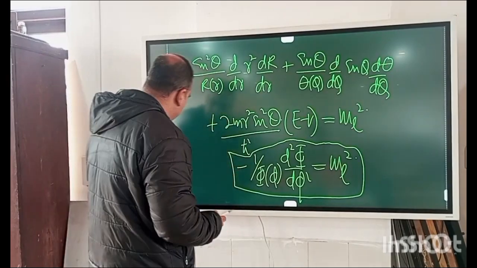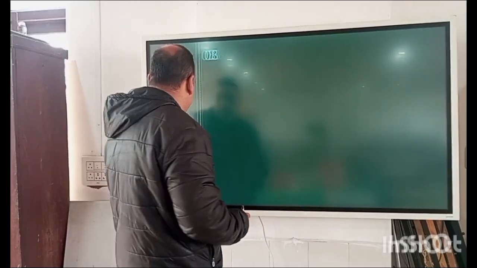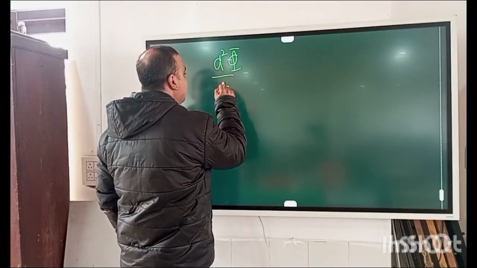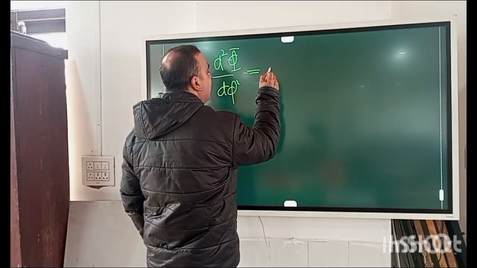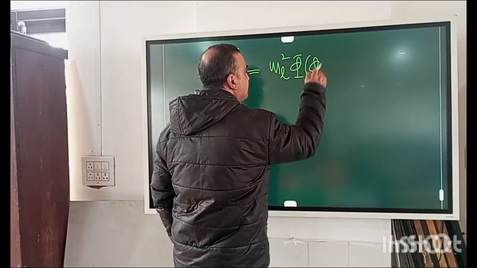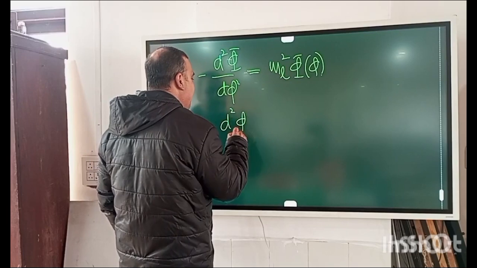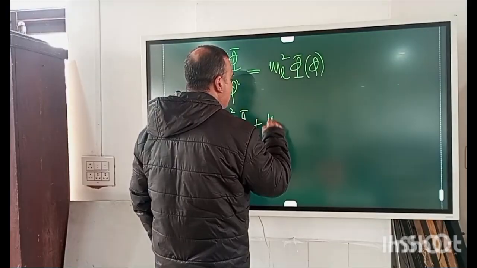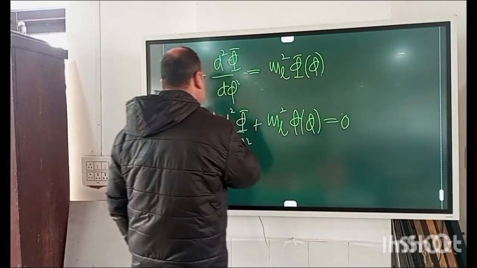From this, d²Φ/dφ² equals minus ml squared Φ(φ), so I can have d²Φ/dφ² plus ml squared Φ(φ) equal to 0.